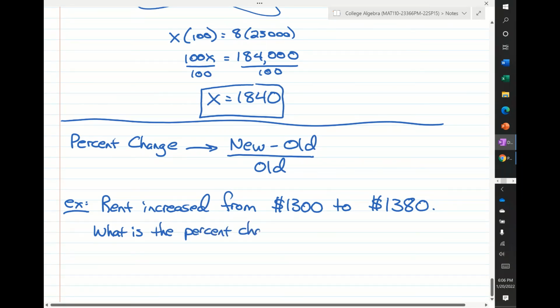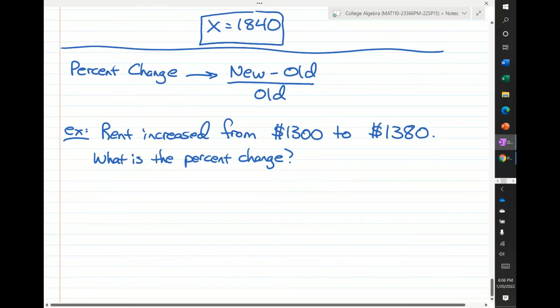What's the percent change? All we have to do is just follow the formula. One of those would be considered the new number. So we're going to do 1380 minus the old 1300, divided by the old.